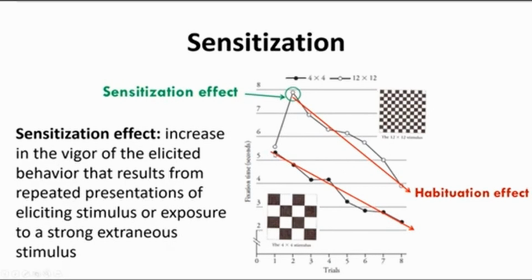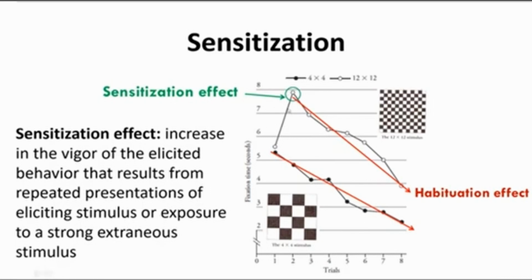For the simple stimulus, their looking time, so how long they fixate on that particular stimulus, goes down right off the bat, but our more complex stimulus showed this weird little increase in fixation where they stared at that more complex pattern for just a little bit longer for the first couple of trials. And so this increase here in fixation, so that increase in the behavior that we're looking at, would be called a sensitization effect.